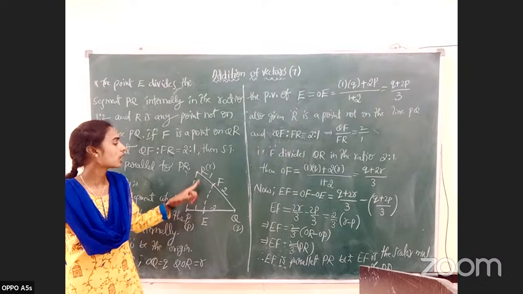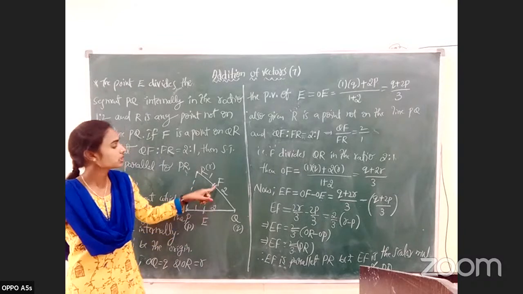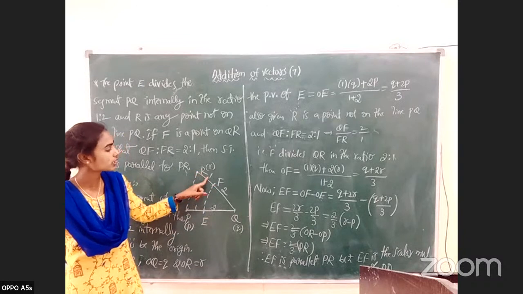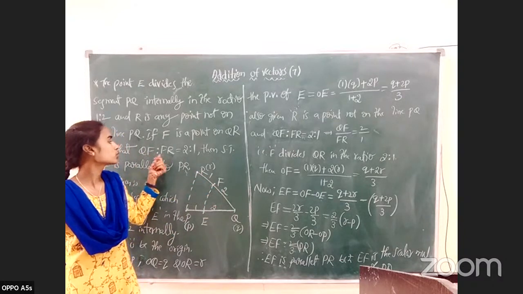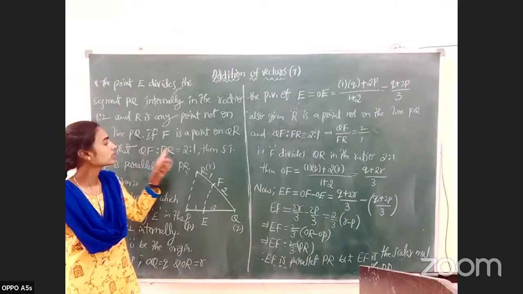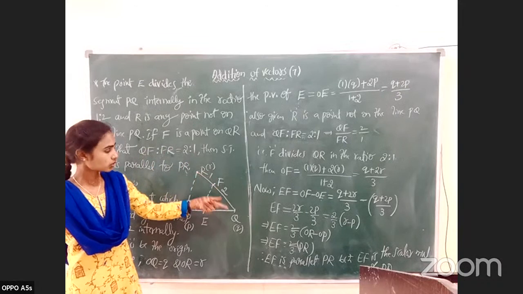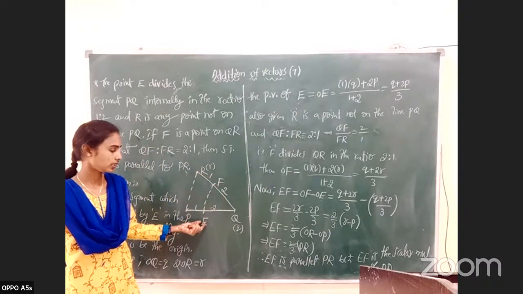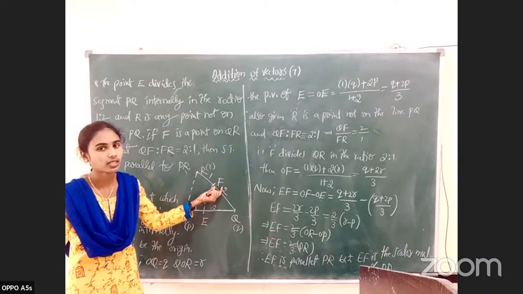R is another point which is not on PQ, and F is a point which divides QR; indirectly it is given that QF to FR is 2:1. Similarly here we get the position vector of F.